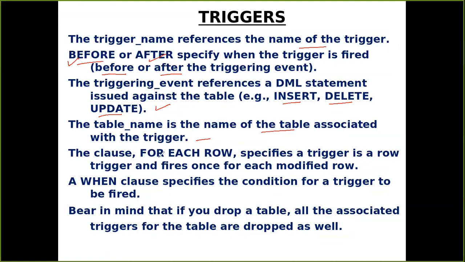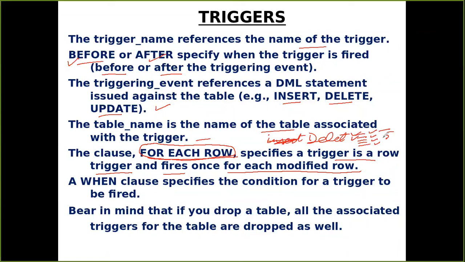Now the clause for each row, which is important, specifies whether the trigger is a row trigger. A row trigger means it will be fired once for each modified row. For example, I am deleting according to some condition, and as a result I can delete 5 rows. If the clause for each row is specified, that means my trigger will be executed 5 times, once for each affected row. When the first row is deleted, my trigger will be executed.